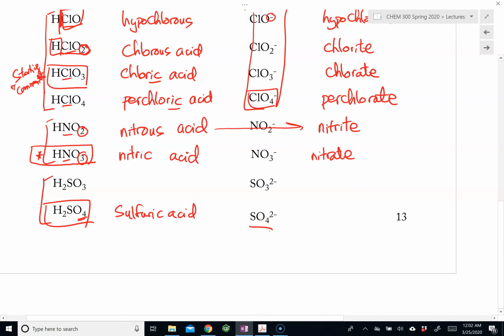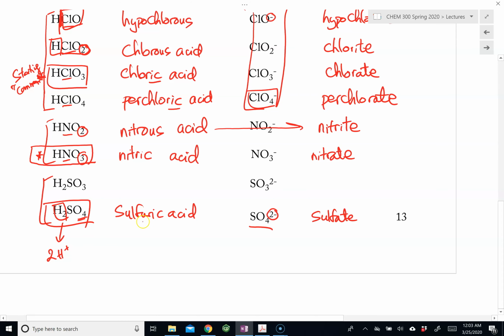And please notice that the charge on SO4 is actually -2, because it gives up 2 protons. And if 2 protons, each is positive 1, then the resultant of what remains would then be negative 2. So in this case, this would then be sulfate. Now we do not call this sulfurate, but we simply call this sulfate.